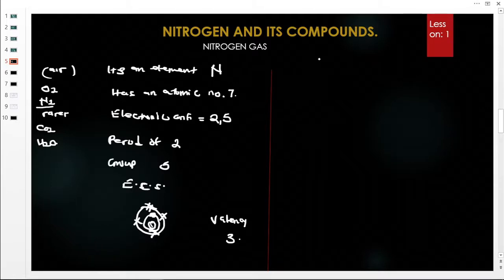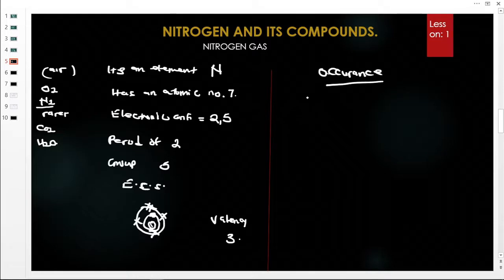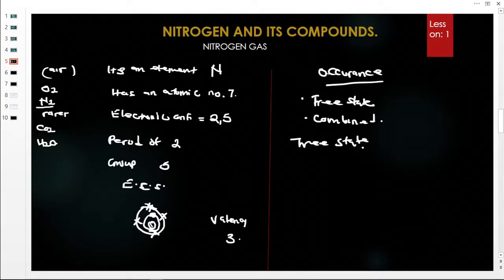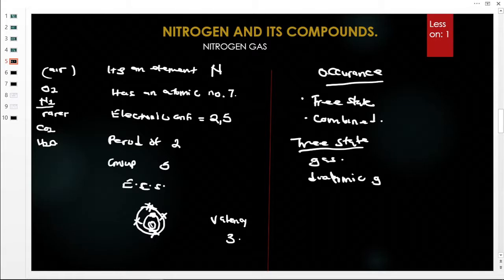So let us look at the occurrence of nitrogen. How does it occur? Nitrogen can occur in a free state, and also in a combined state. In a free state, it occurs as a diatomic gas.